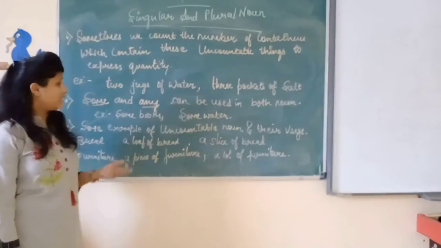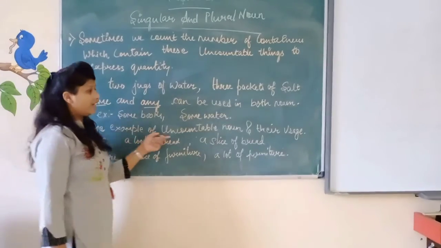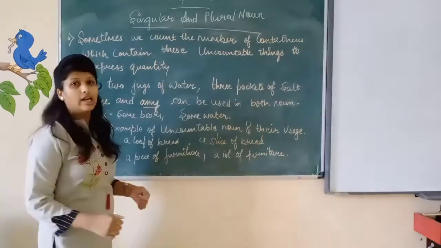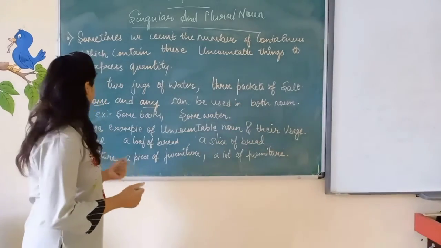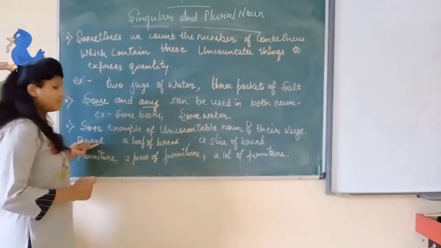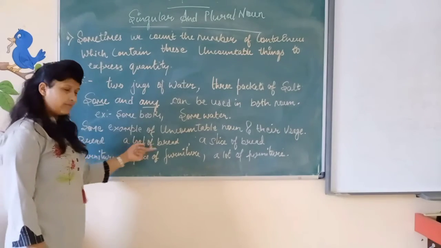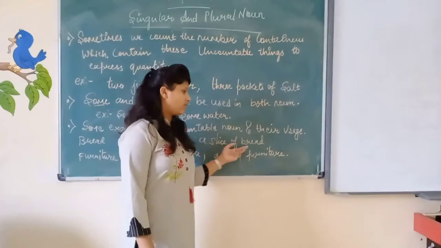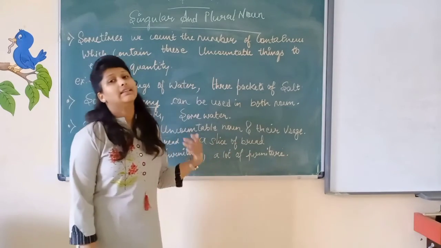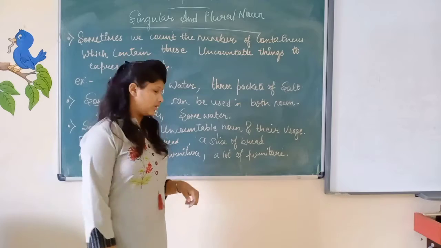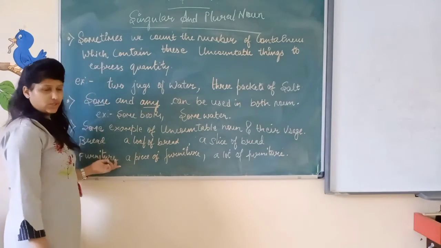Now we are going to see some examples of uncountable nouns and their uses. First is bread. For bread we can use a loaf of bread or a slice of bread to show that they are uncountable nouns. Furniture.